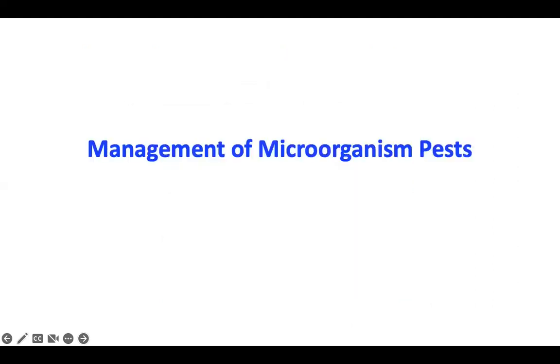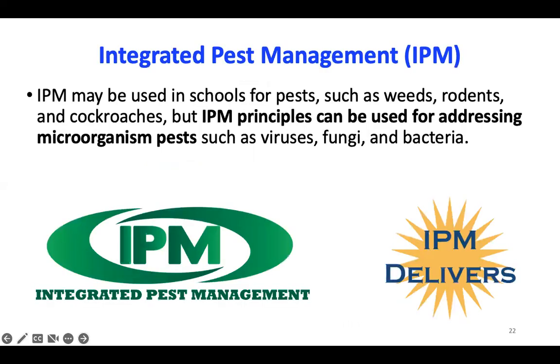Now we talk about mitigating pathogens. Here we talk about management of microorganisms. What can we do to prevent or reduce the risks of getting sick? Let me introduce integrated pest management, IPM.